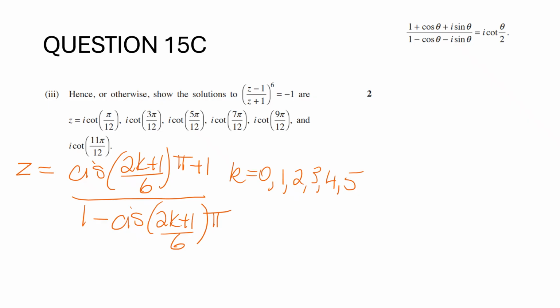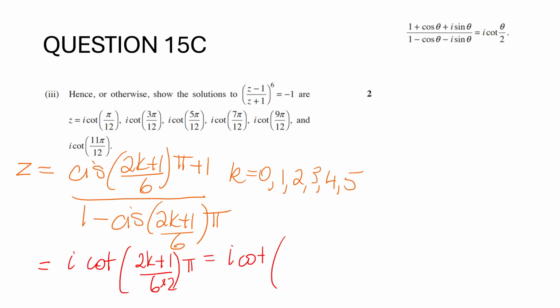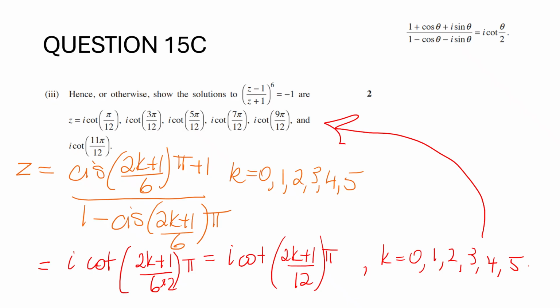Which from part 1 is equal to i cot of (2k plus 1) on 12 pi, for k is equal to 0, 1, 2, 3, 4, 5, which if you substitute them all in, you will get that.